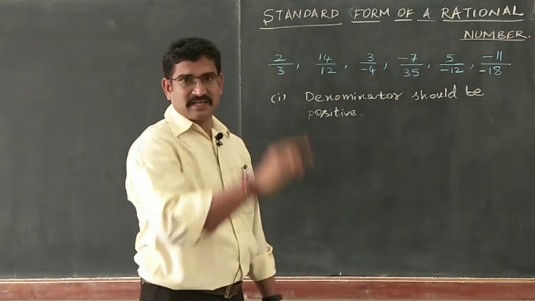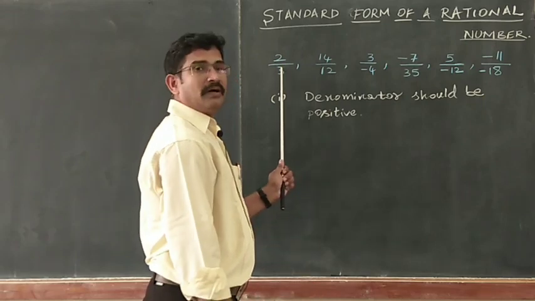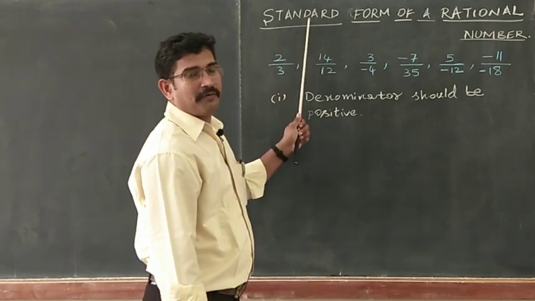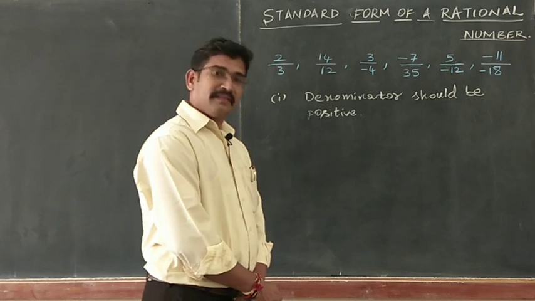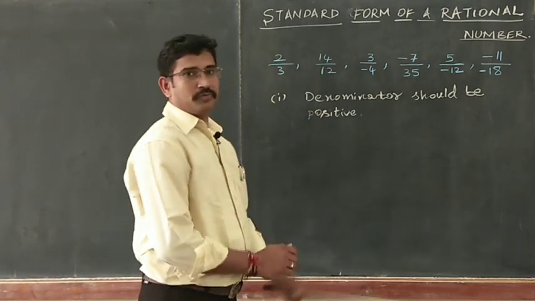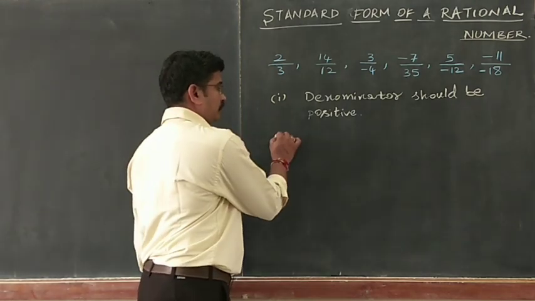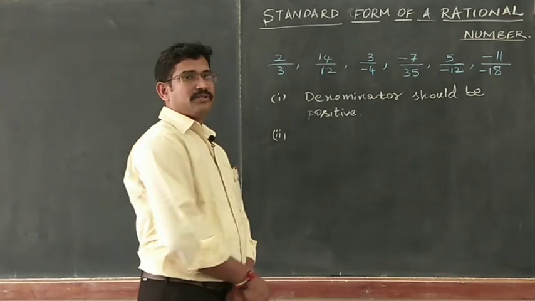This is the first condition. So, if I want to call any rational number that it is in standard form, in that rational number the denominator should be positive. Next, second condition.